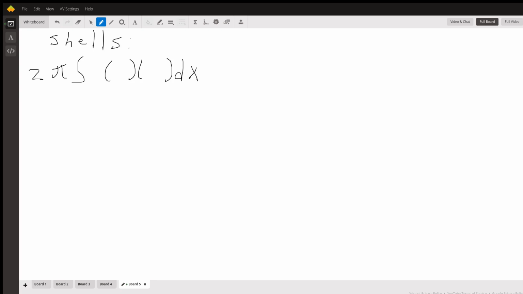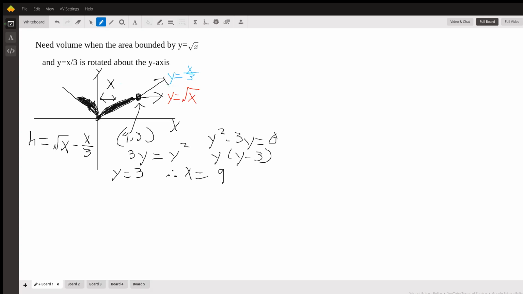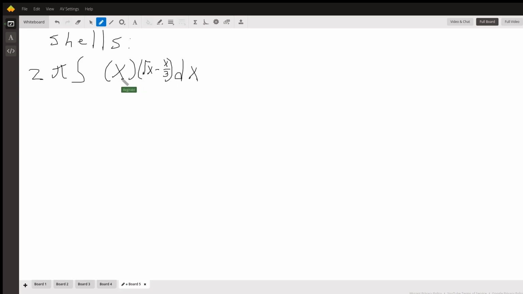So radius x and our height, the square root of x minus x over 3. And what about the bounds? Along x, we're going from 0 to 9.